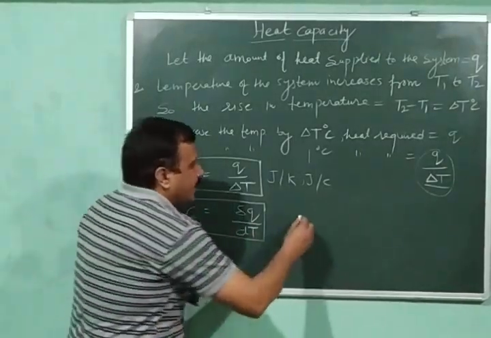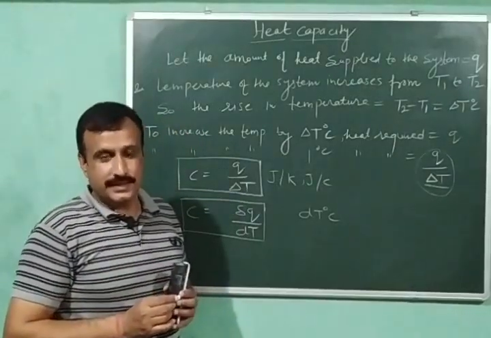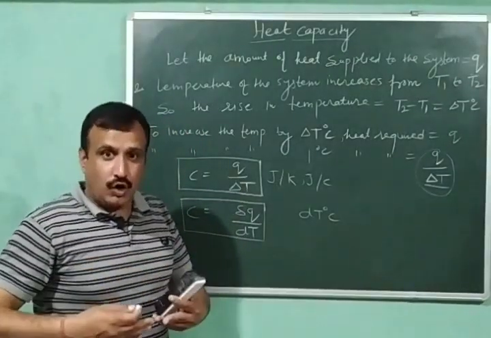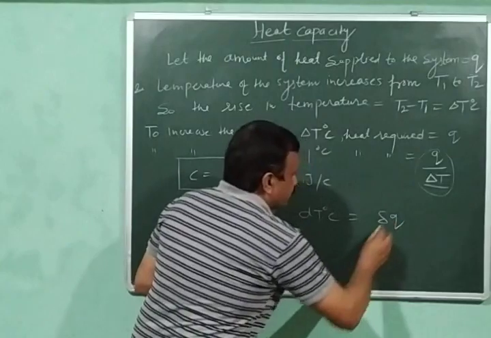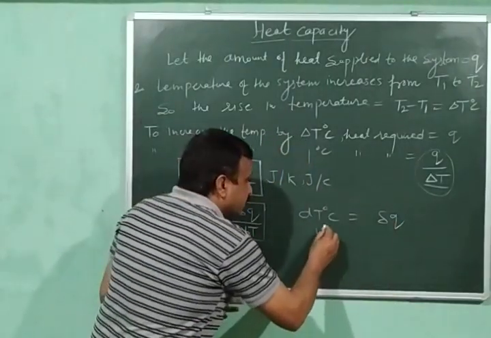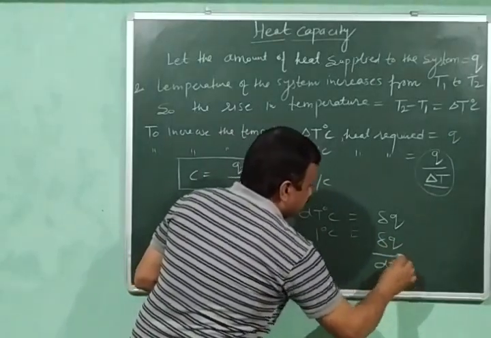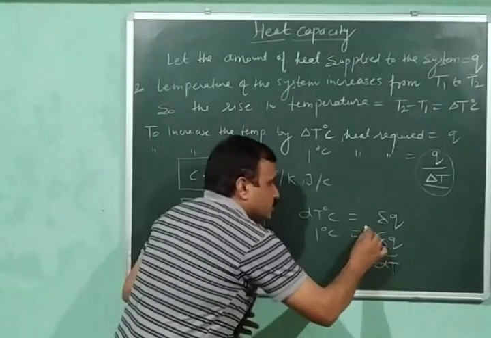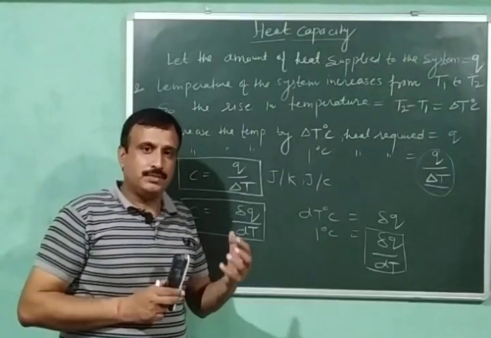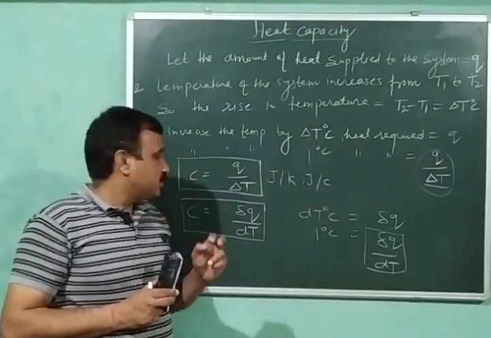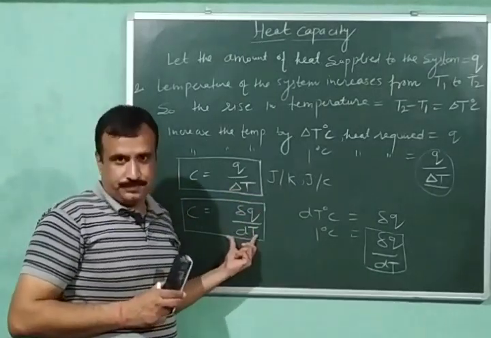This means that if the temperature is increased by a very small value, that is dT degree Celsius, and the heat absorbed to increase the temperature by dT degree Celsius is equal to delta Q, then the heat required to increase the temperature by 1 degree Celsius will be equal to delta Q upon dT. So this is also an expression for heat capacity. Heat capacity is given by two equations: number one, C is equal to Q upon delta T, and C is equal to delta Q upon dT.